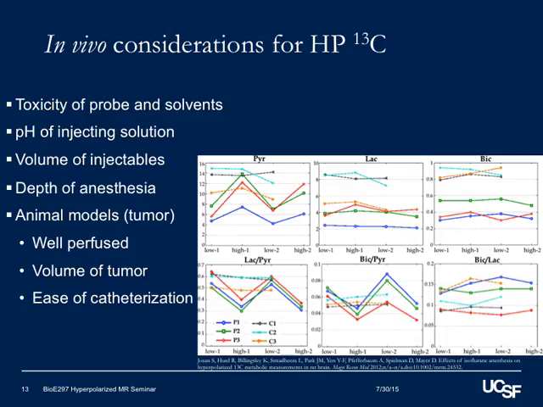Our easiest readout is the isoflurane level and the respiration of your animal. So what they did was alternate the high and low dose of the anesthesia. The different lines are from different animals. And you can see that the pyruvate actually changed with the different doses of anesthesia, whereas the lactate and the bicarbonate remained relatively flat. And this was all done in the brain.